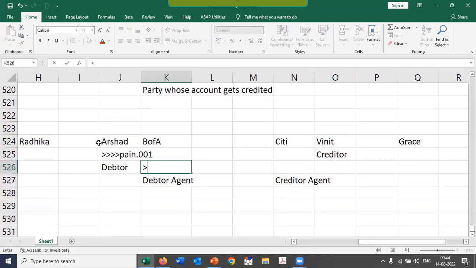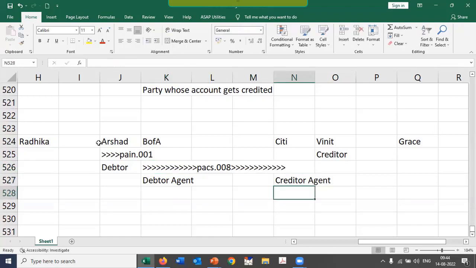BOFA, through the clearinghouse, sends a PACS 008 to Citi. So assume that there is the clearinghouse in between Bank of America and Citi. The clearinghouse clears that and settles that, pays Citi, and then Citi would credit that money to the account of Vineet, where Vineet will get, like you get MT 900, he will get 910, he'll get a CAMT 054 credit notification. This is the base process.